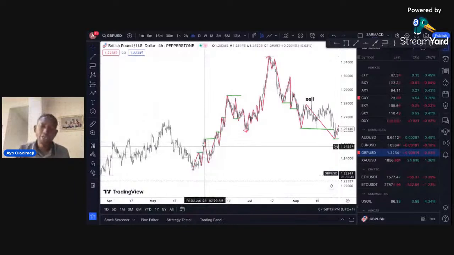And in a downtrend market, wait for price to break the low structures, the lower lows, and then wait for price to pull back in a buy. At the end of that bullish pullback, you sell, and then you make profit. So that is that for today.